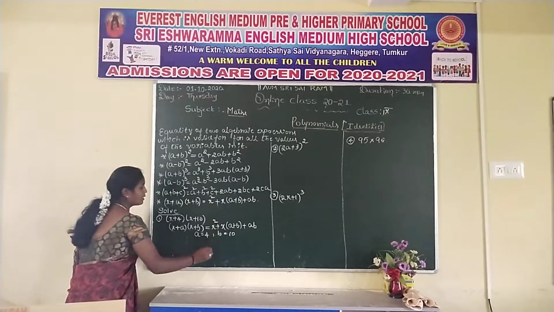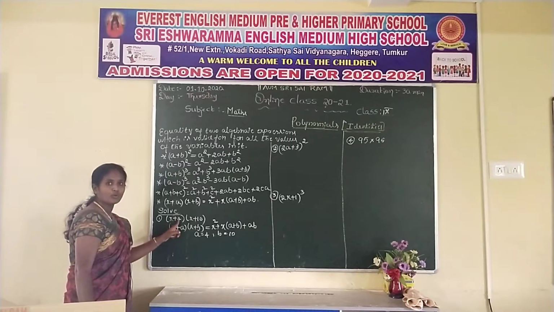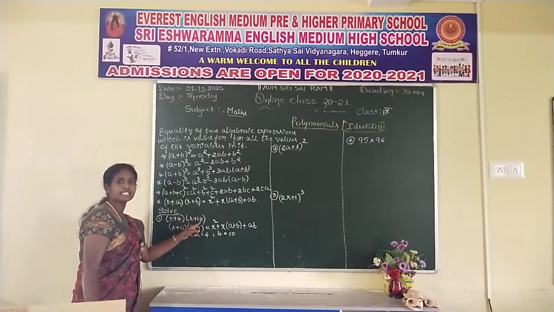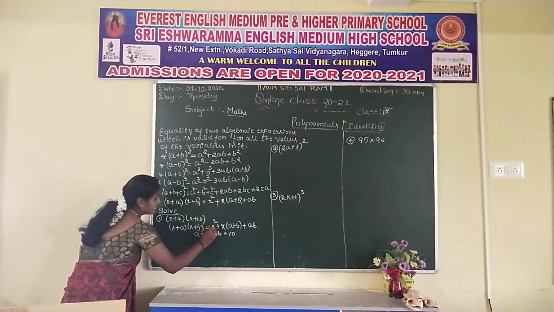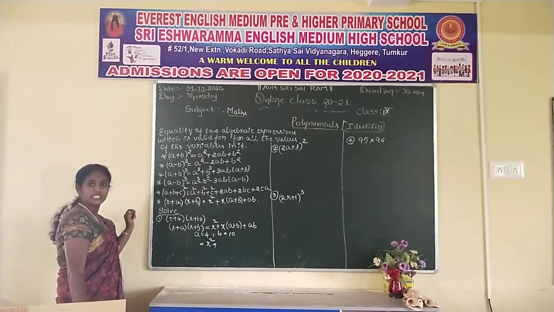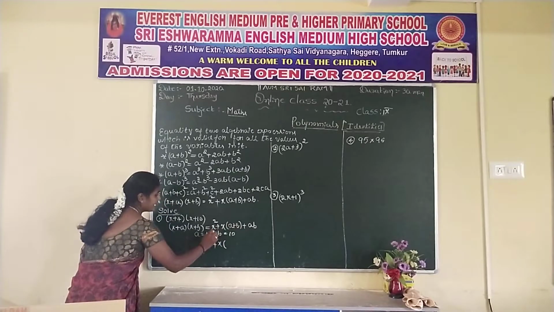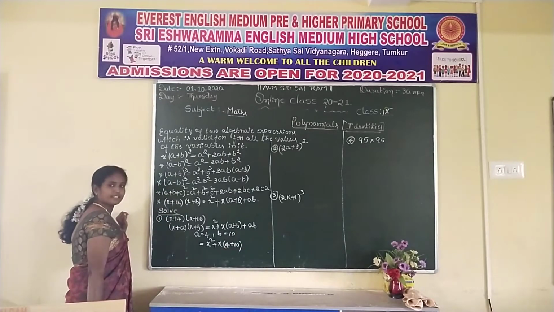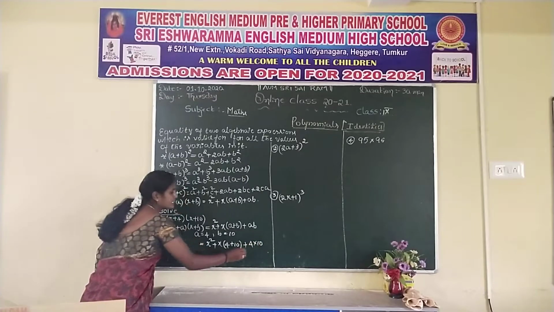What is the value of b here? In the place of a, the given value is 4. In the place of b, the value is 10. Now substitute their values. x² as it is, plus x into (4 + 10), plus ab, 4 into 10.